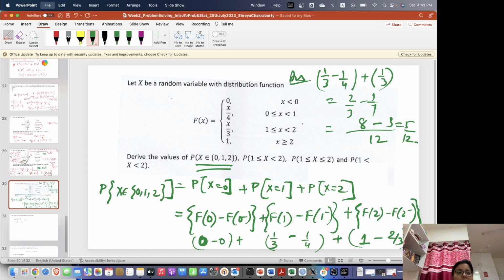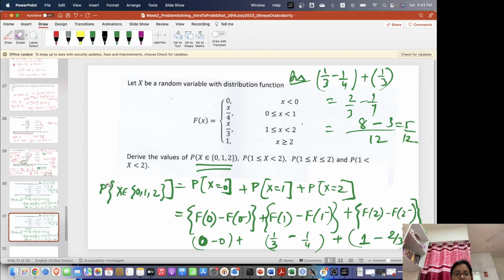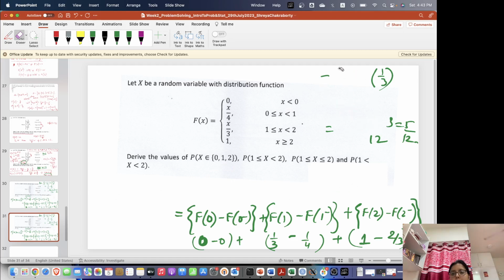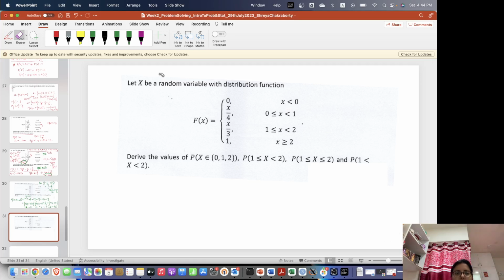Similarly, if I have to find out probability 1 less than equal to x less than 2, this means what?